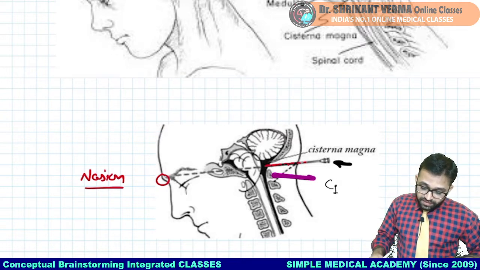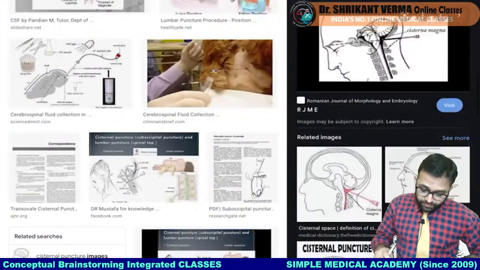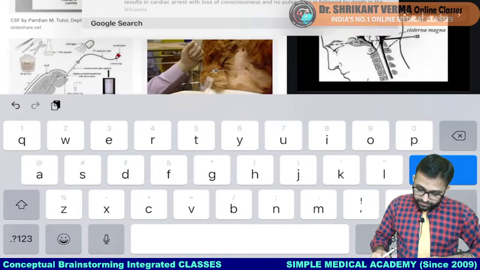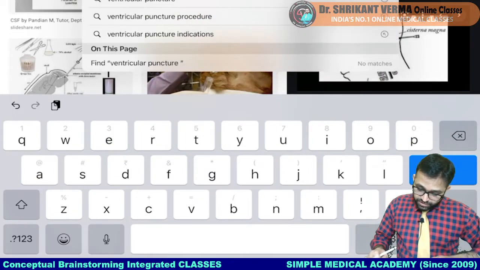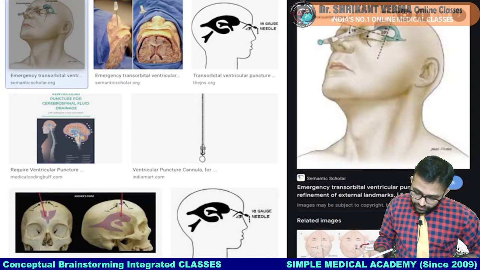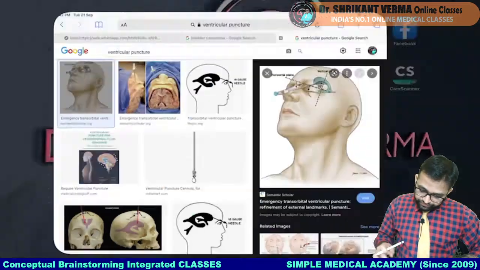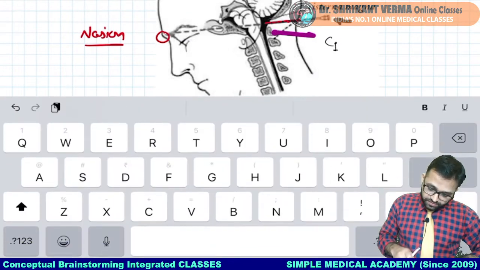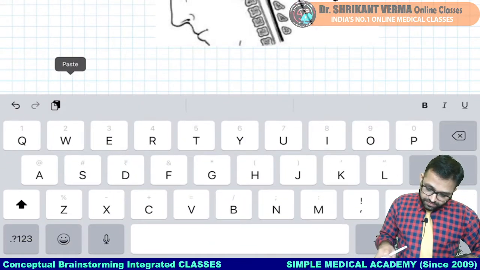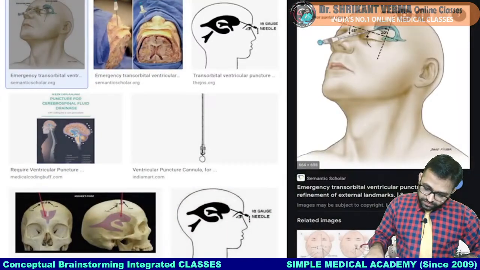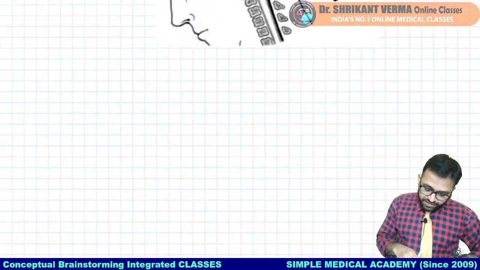Now there is one more method, ventricular puncture. So showing you the ventricular puncture also. Can you observe this image? So very interesting.